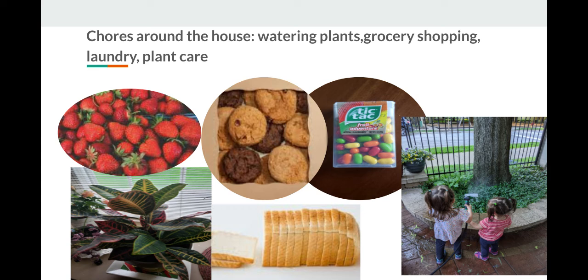For example, when you're watering the plants, start comparing the plants. One plant is bigger, one is smaller. You can count the number of leaves on a plant. When you're going grocery shopping or when you bring groceries in, you can notice how many things you brought in. You can start counting the fruits in the basket. You can start comparing the sizes of fruits and colors of fruits. You can start counting the cookies in a box.